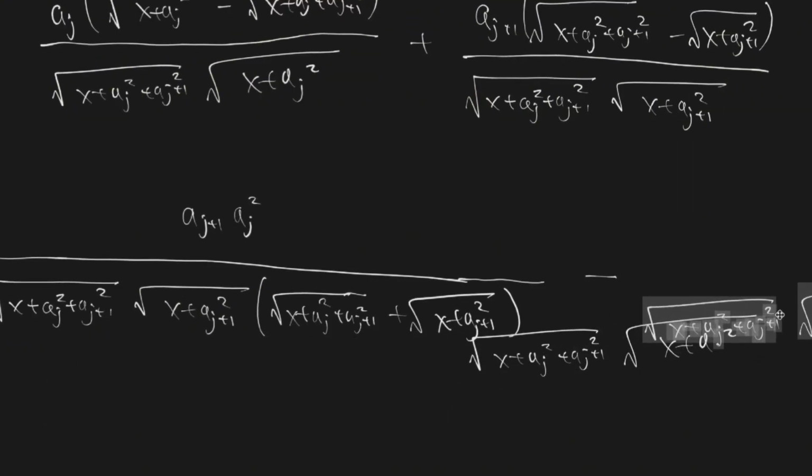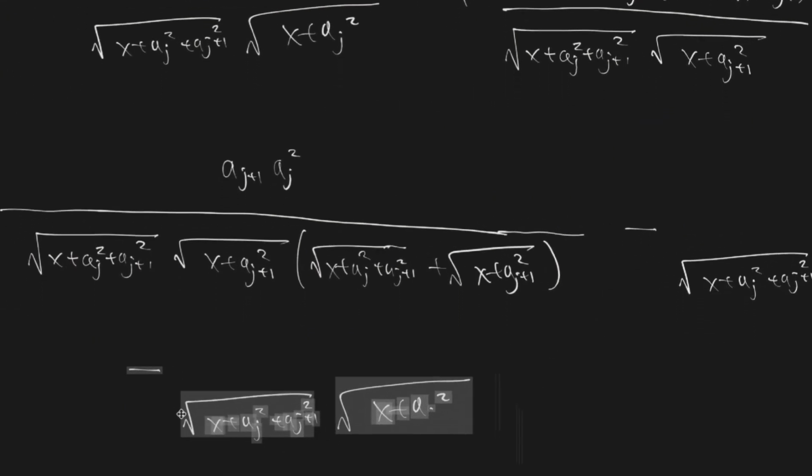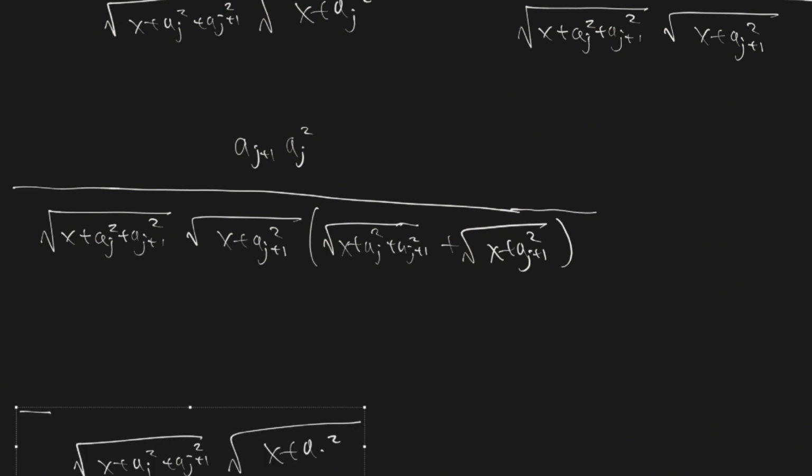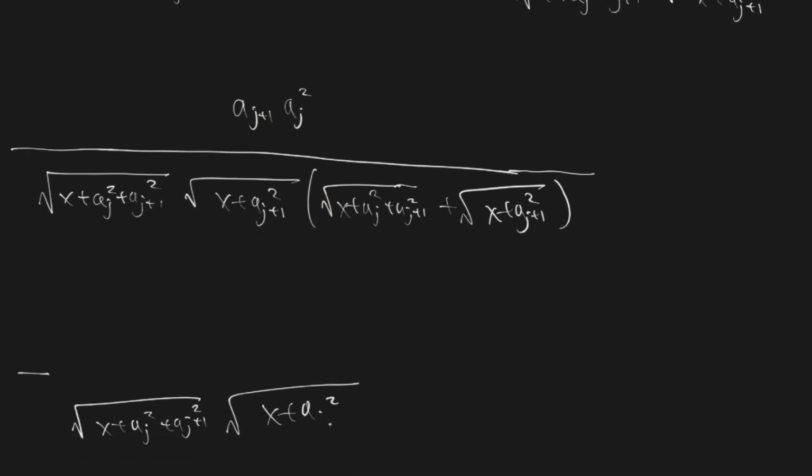I don't know why it looks so deformed, but anyways, I'm going to bring these things down here so it's a bit easier for us to see in a single page. This should be aj.